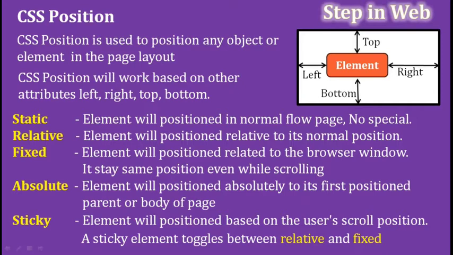Fixed positions the element in a particular location, and even when you scroll your entire page, that element will stay in the same location. Absolute: the element will be positioned absolutely relative to its first positioned parent. If the parent is not there, then it will be positioned based on the body of the page. Sticky: this element will be positioned based on the user's scroll position. It will act as relative and fixed.